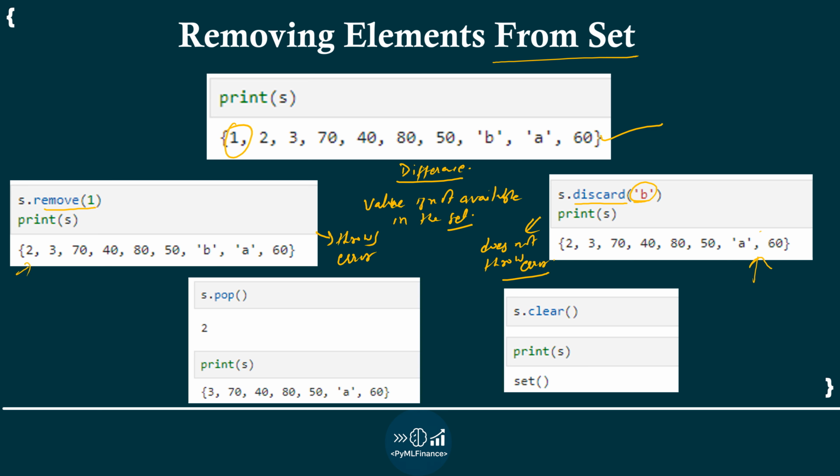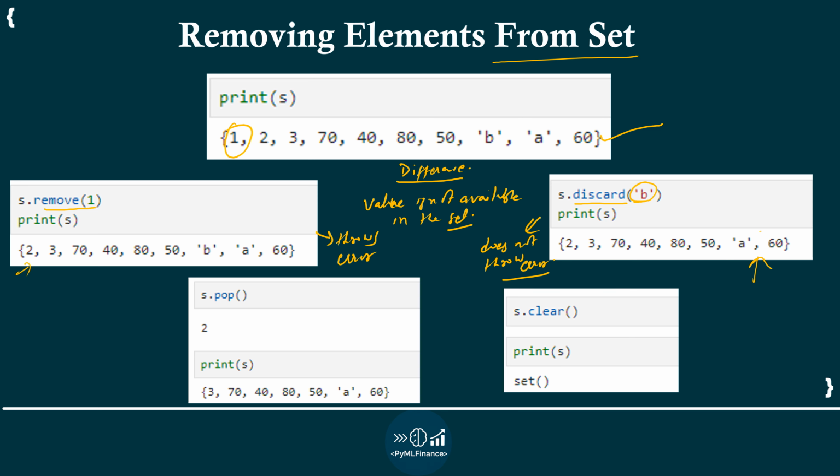So you can try this by yourself as an exercise. Always remember, you should use the remove method if you are sure that the item exists in the set. If you are not sure if the item exists or not, use the discard method, because Python will not throw any error here.